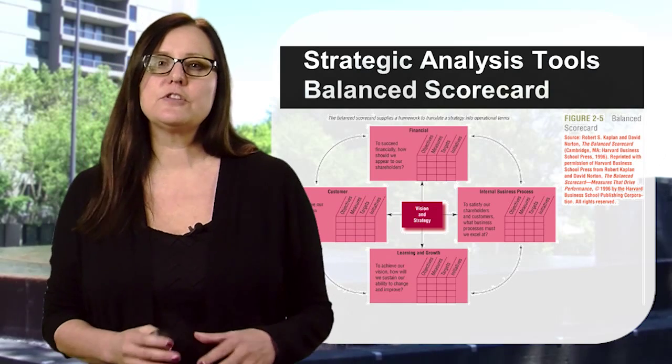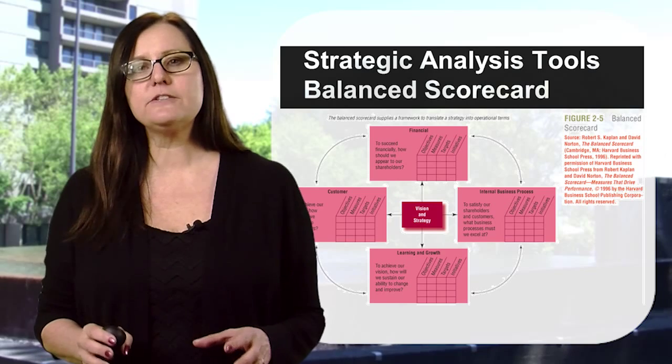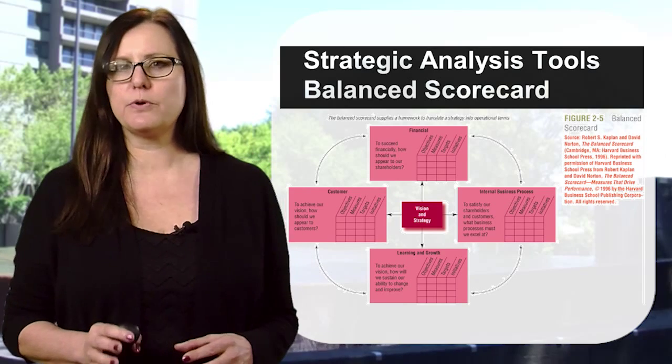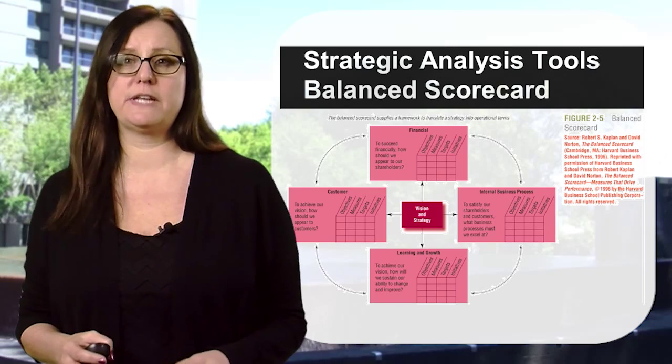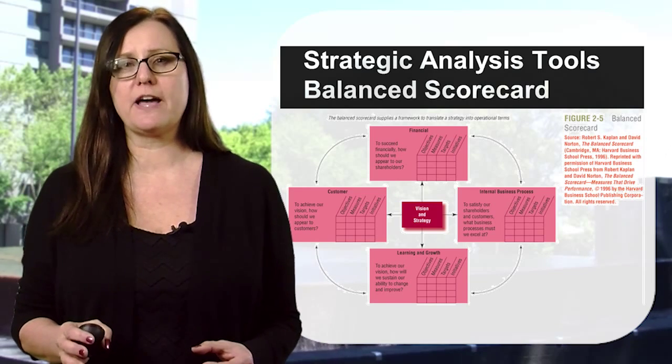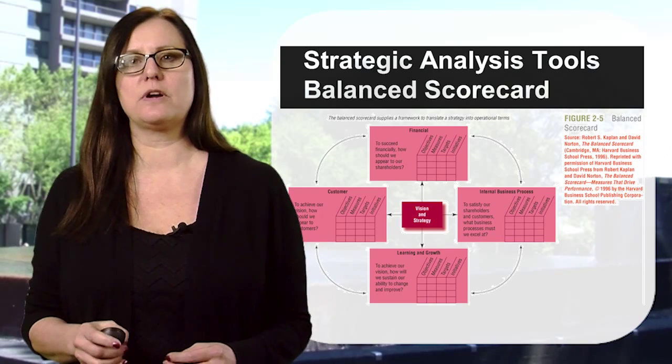All right, so how do we do some of this analysis? I understand that some of these pictures are going to be pretty difficult to read, but these pictures are coming right out of your textbook. So this one's 2.5. And the reason I put this in here is because this is a balanced scorecard.